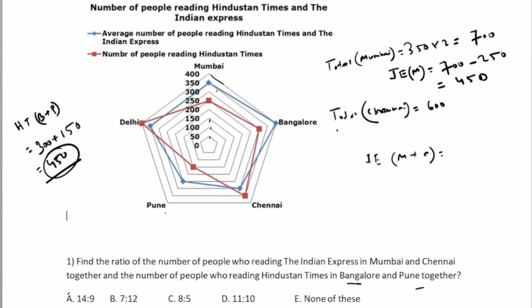So Indian Express in Chennai is 600 minus 350, 250.